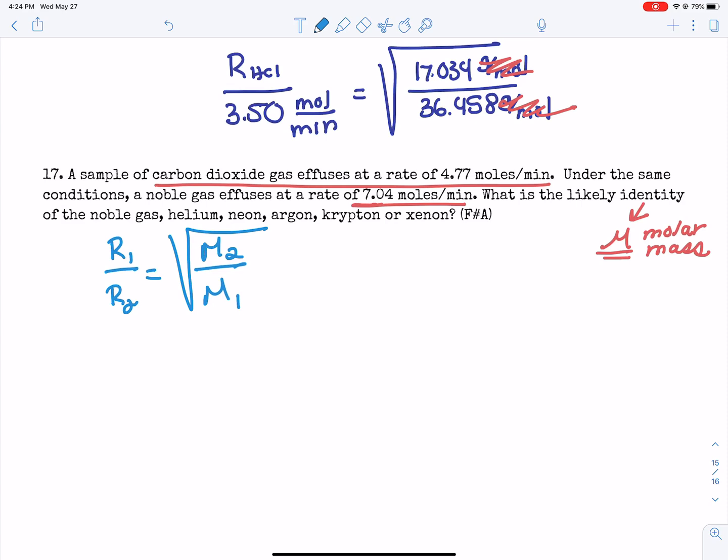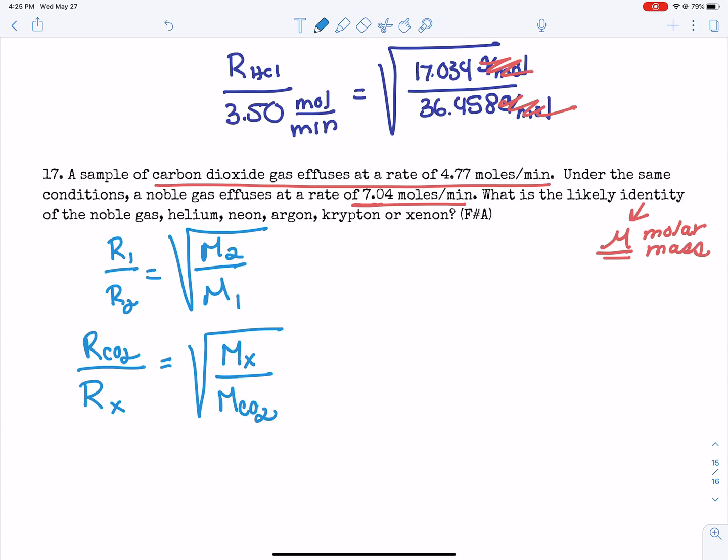And what do I want to solve for here? I want to solve for the molar mass of the unknown compound. So that's what I'm going to put there, which means chemical number 1 is going to be that CO2. So this will be the rate of CO2, and this will be the rate of that unknown compound.